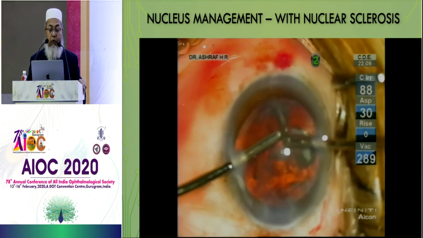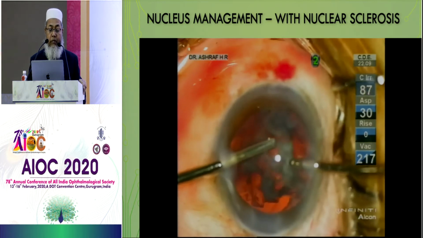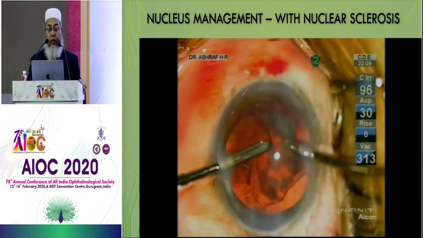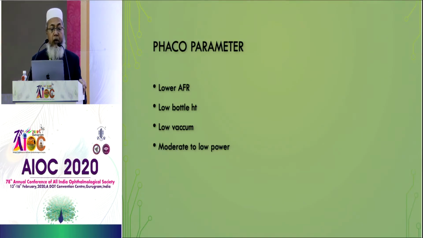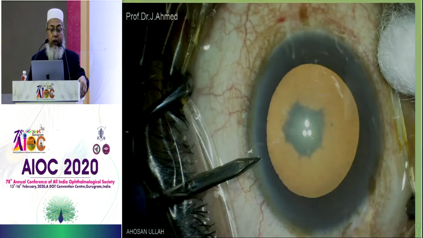Then with visco dissection, the epinuclear bowl is separated, and then it is cleared. Regarding phaco parameters, aspiration flow should be low, bottle height should be low, vacuum should be very low and moderate to low phaco power.